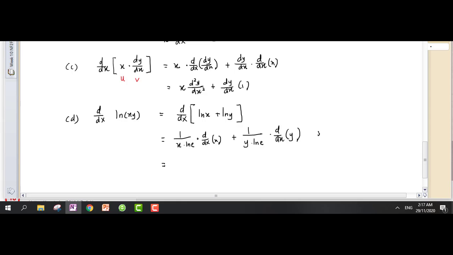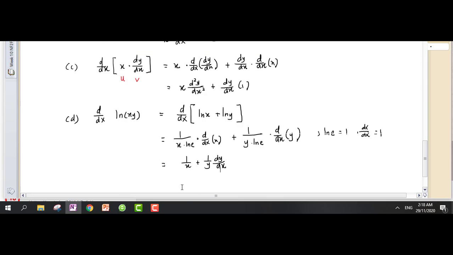As you know, ln e is equivalent to 1, and dx over dx equals 1 as well. So lastly, you obtain 1 over x plus 1 over y dy/dx.